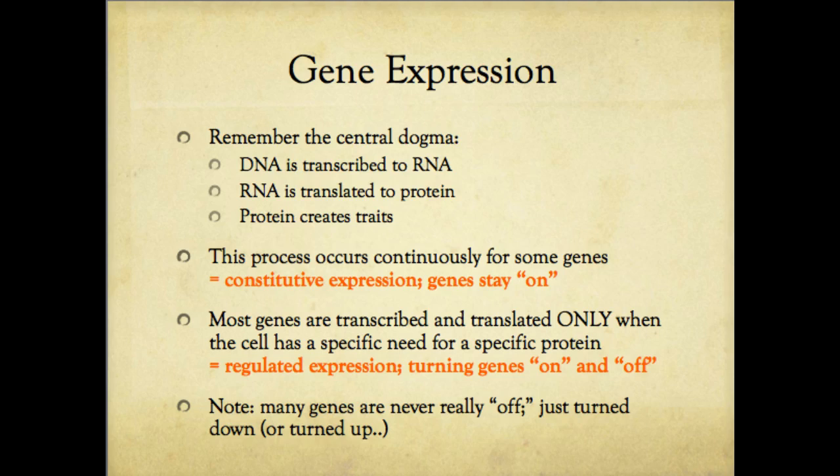Now, for some of the genes in the DNA molecule, this process of transcription and translation goes on just about continuously. So for certain genes, we say that they are constitutively expressed. In other words, they're just expressed all the time. They are used for transcription and translation virtually continuously. Another way of thinking of that is saying that these are genes that are always on.